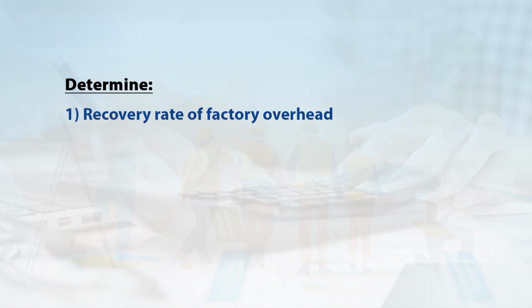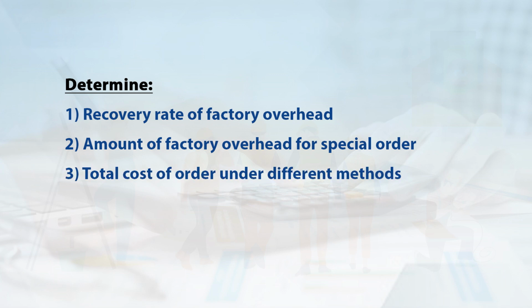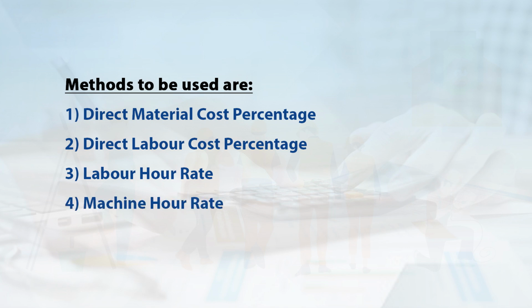Determine number 1, recovery rate of factory overhead, number 2, amount of factory overhead for special order, and number 3, total cost of order under different methods. Methods to be used are number 1, direct material cost percentage, number 2, direct labor cost percentage, number 3, labor hour rate, number 4, machine hour rate.